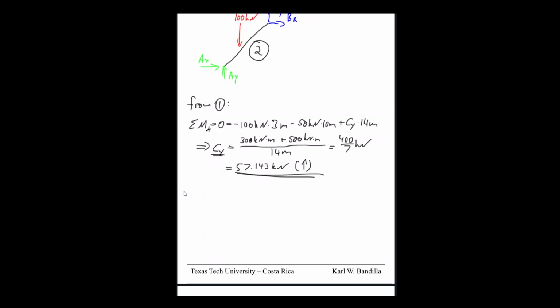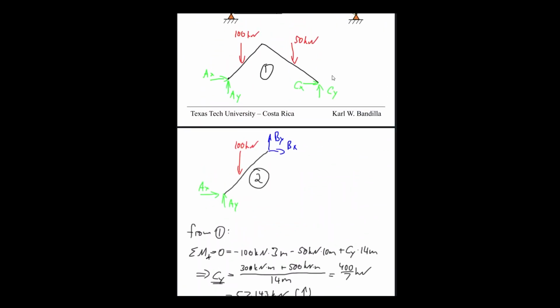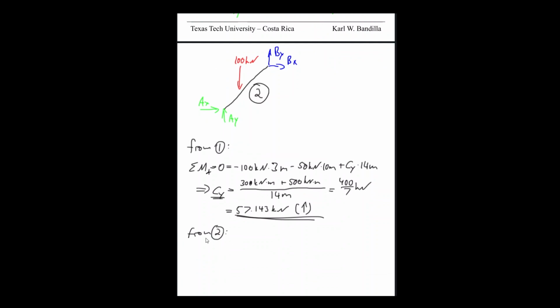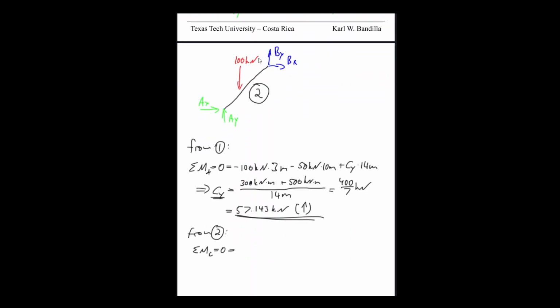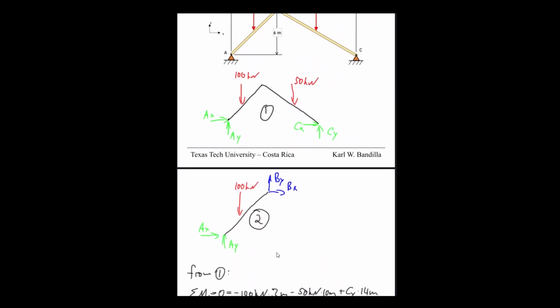That's my CY. So then also, if we have CY, we can of course also get AY in exactly the same approach. So we'll do a moment around C. Sum of moments around C equals 0. Now of course we could also just do sum in the y direction, but let's do the moment instead. So if I do moment around C, then I get AY negative times 14 meters.